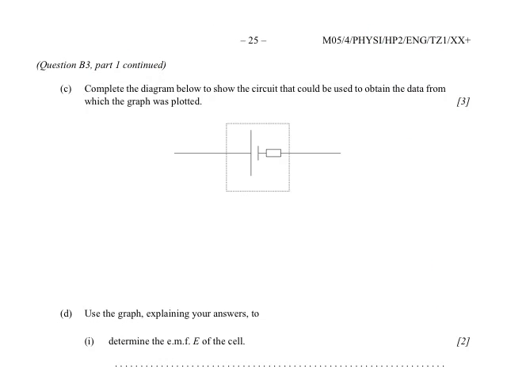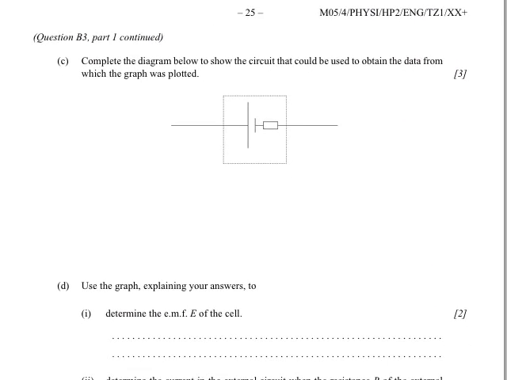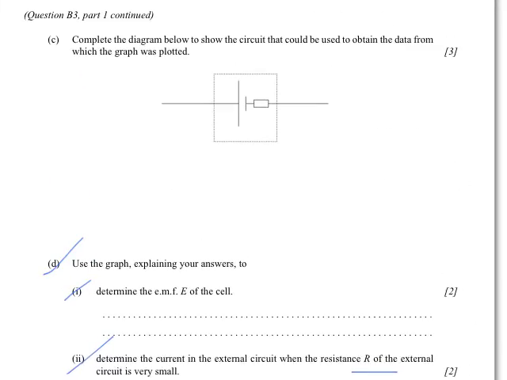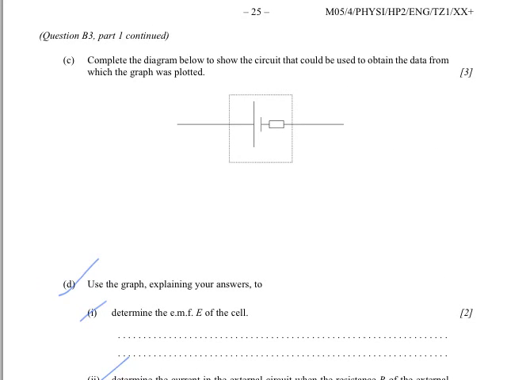So moving on to this page, we have these questions which we've already done. Determine the EMF, determine the current when the resistance R is very small, and deduce the internal resistance of the cell. So let's go back to here. Complete the diagram to show the circuit that could be used to obtain the data from which the graph was plotted. So it's exactly the same as the experiment we've done in class.